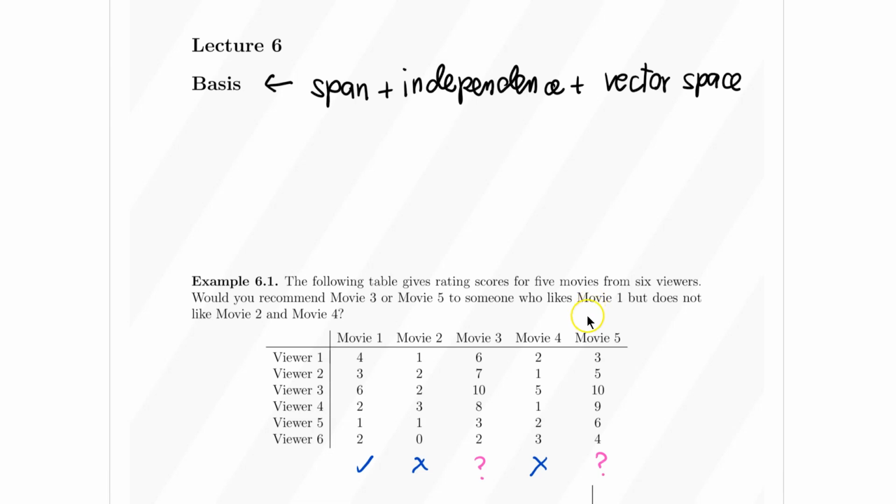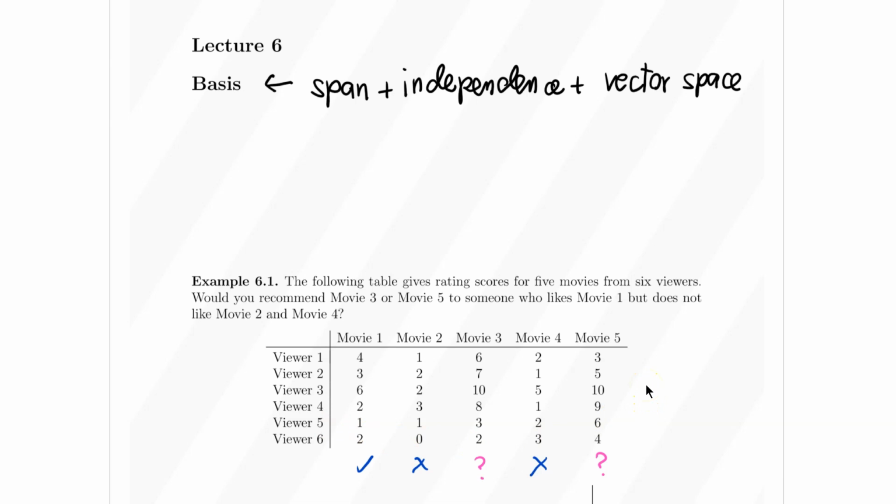If you look through the rating score, maybe I can look at viewer 3, who likes movie 1, does not seem to like movie 2, and it's also with movie 4, but this person actually gave a perfect score to movie 3 and movie 5. And if you look at the scores from other viewers, it's a little hard to guess whether this person would prefer movie 3 or movie 5.